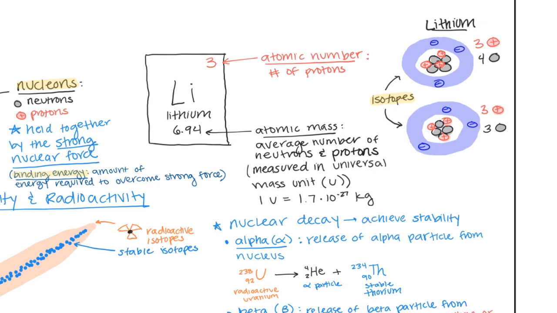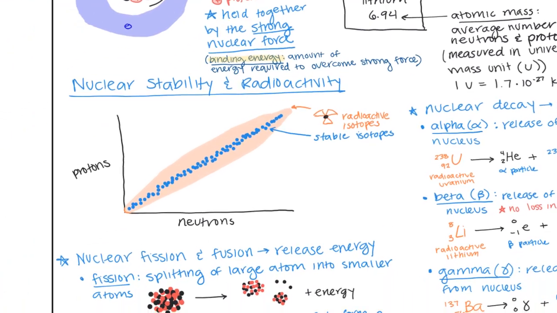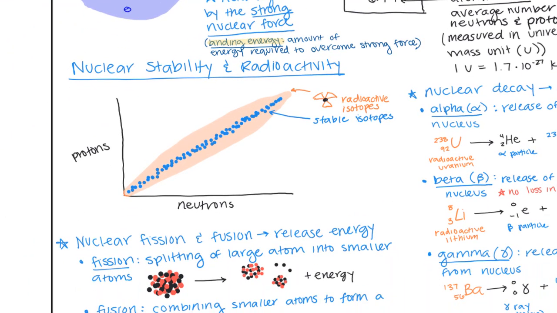It tends to favor the isotope that includes 4 neutrons. So that is what we call the more stable isotope. It's more readily found in nature. Again, other isotopes can exist with different amounts of neutrons, but our stable isotopes are going to be the ones that are most often found and naturally occurring.